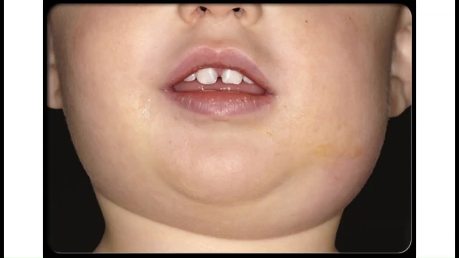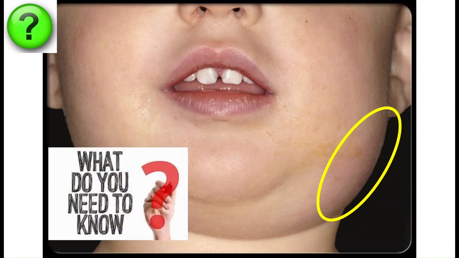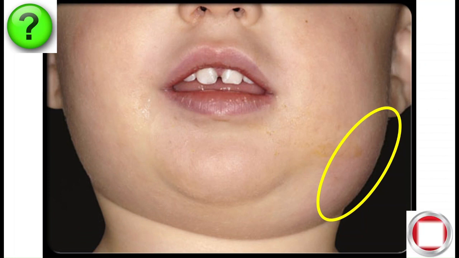Here is another case where when you compare the right side with the left side, you can see that there is a swelling on the left side in the area of the salivary glands, and we do really see people with problems of salivary glands, and we need to know details about them.